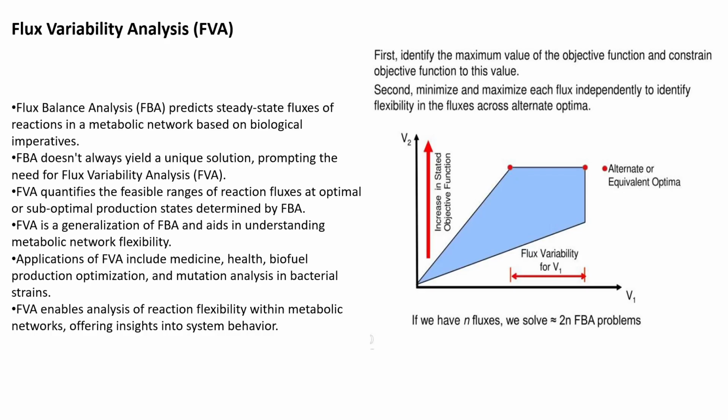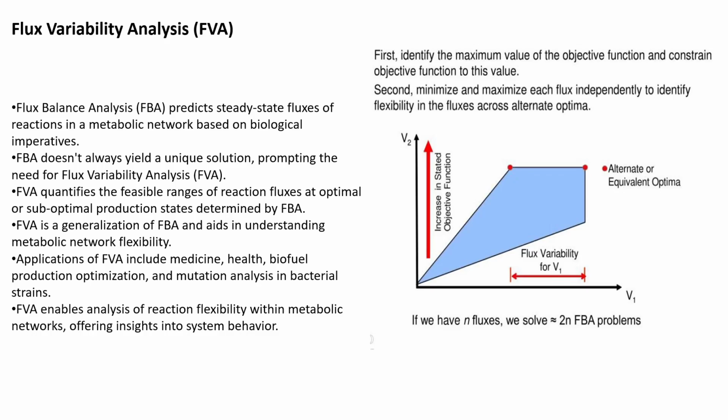Within this range of different fluxes, there can be different solutions of these metabolic networks. If you see a particular reaction at its highest, the other reaction is at its lowest. It gives you an idea that maybe speeding up of a particular reaction is slowing down the other reaction.